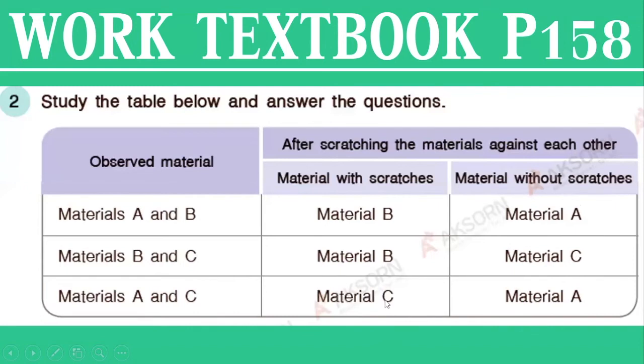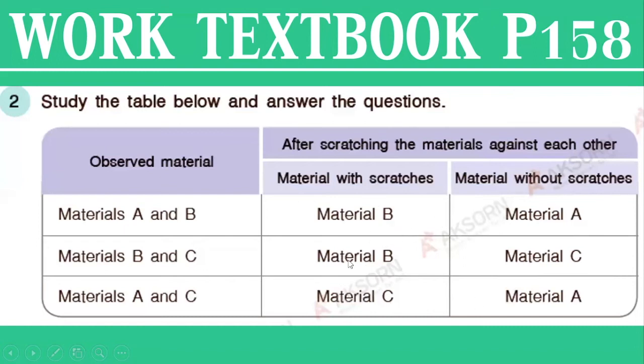So material C is weaker than material A, and A is the hardest, because A is harder than C and harder than B. Material C is the second hardest, and material B is the weakest, the least hard of A, B, and C.